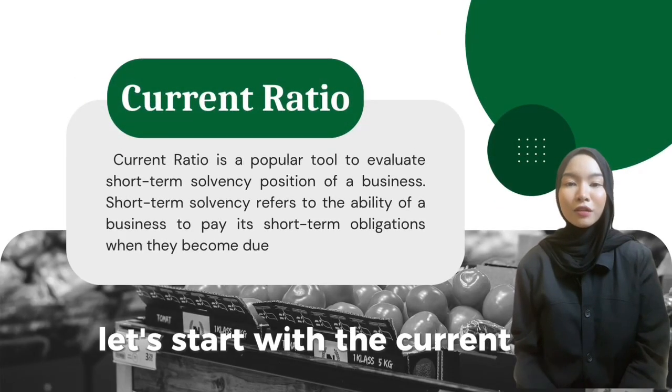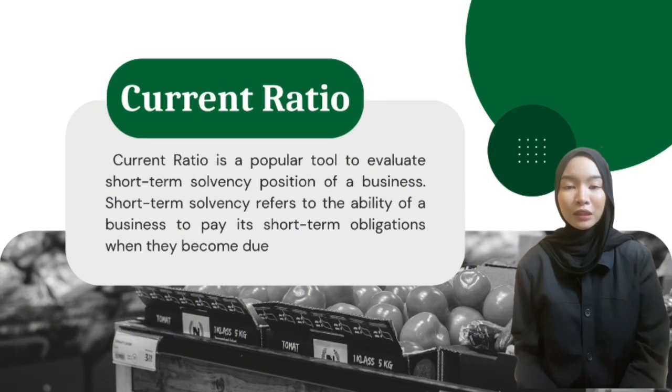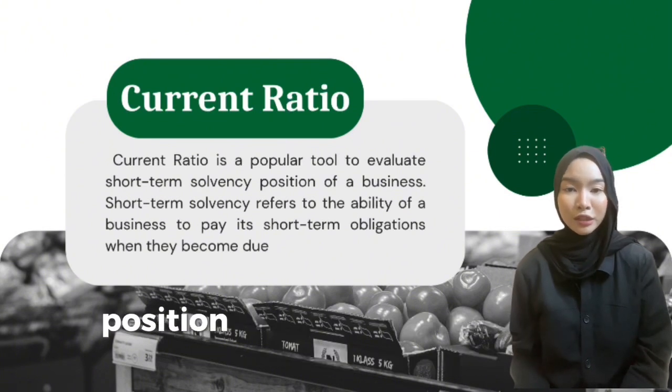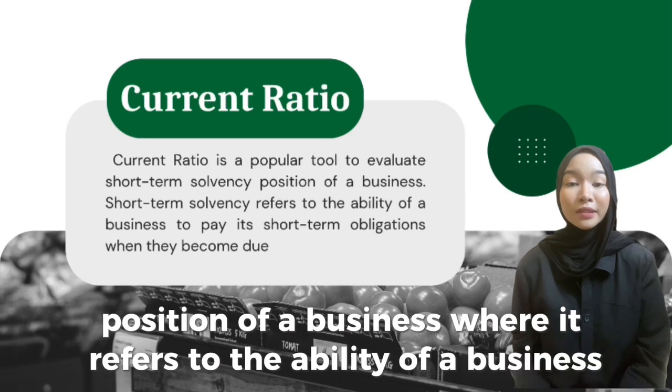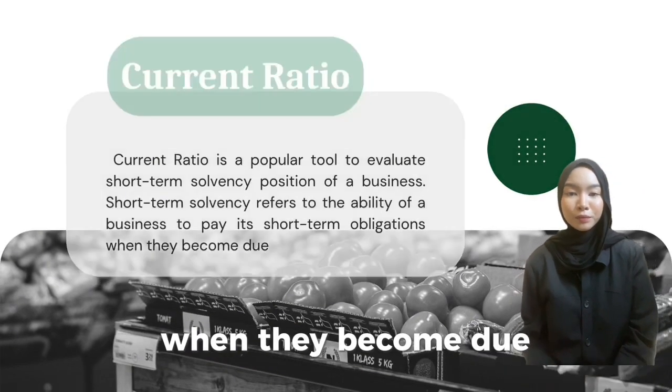Let's start with the current ratio, also known as the working capital ratio. It is a popular tool to evaluate short-term solvency position of a business, where it refers to the ability of a business to pay its short-term obligation when they become due.